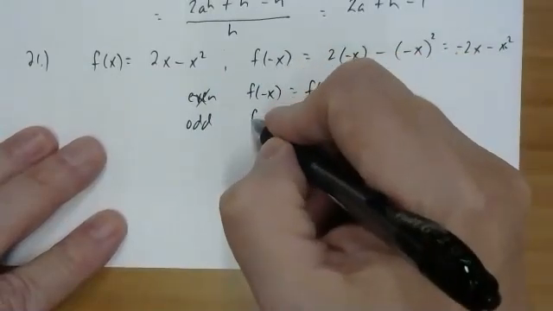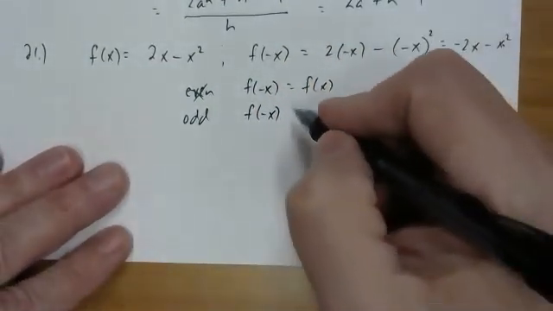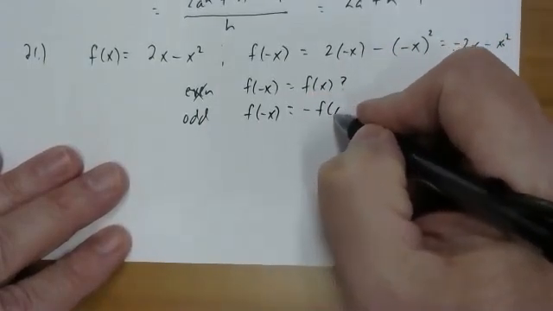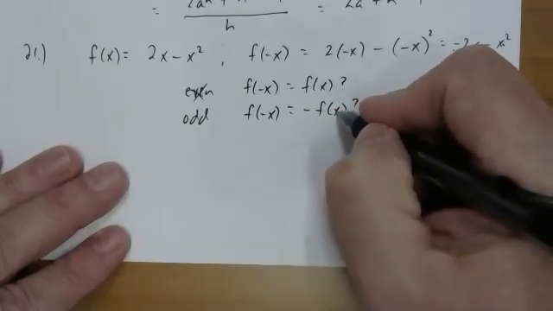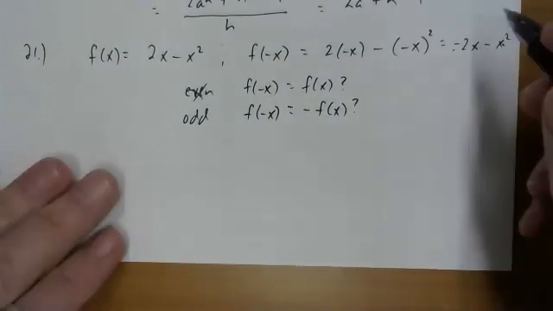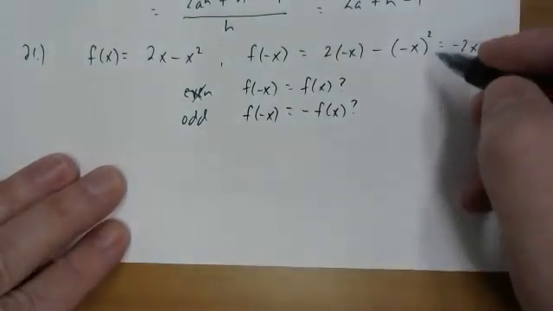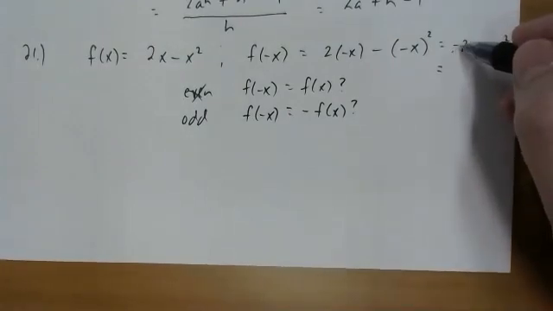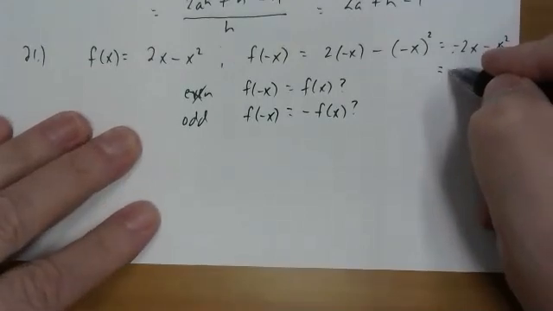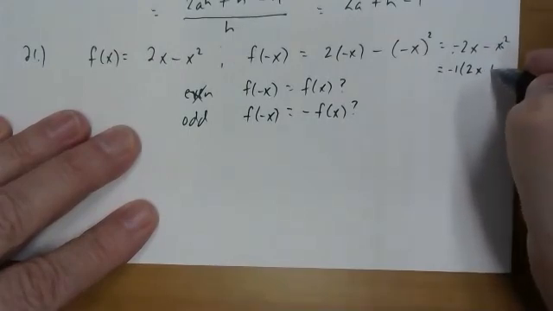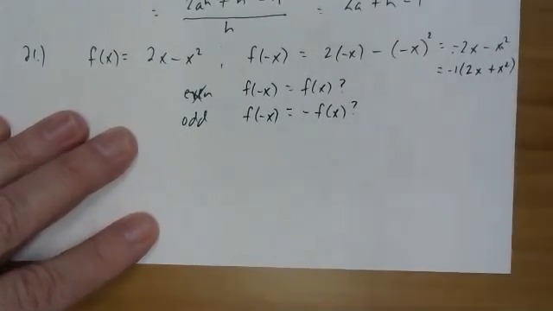To check for an odd function, you take f of negative x. I should put a question mark there. Does it equal f of x, but with a negative up front? The way I like to check this is, for my f of negative x, I'm going to factor out a negative 1, and you'll see why. So this becomes negative 1 times 2x plus x squared.